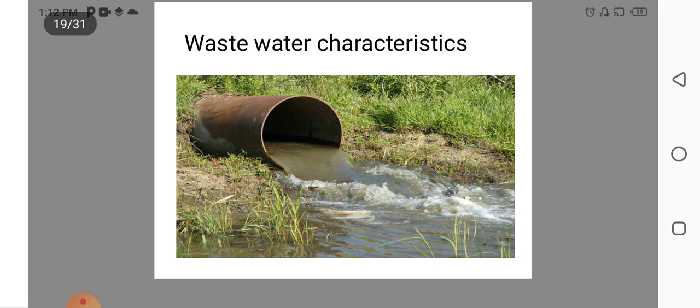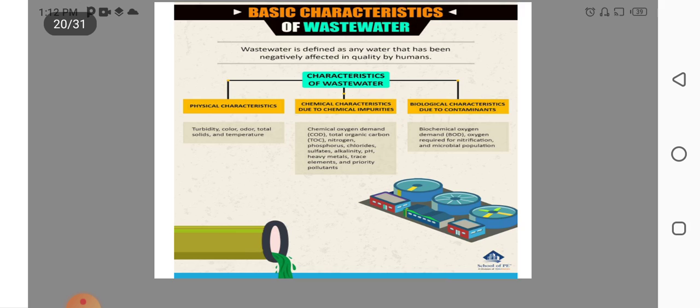Now we'll be talking about wastewater characteristics. Here wastewater characteristics are classified into three: physical, chemical and biological. Physical characteristics are turbidity, color, odor, total solids and temperature.